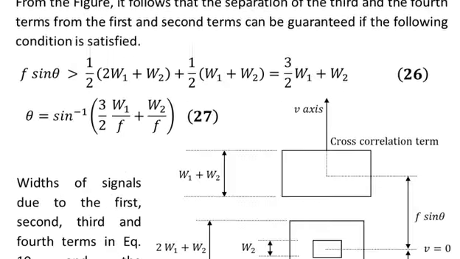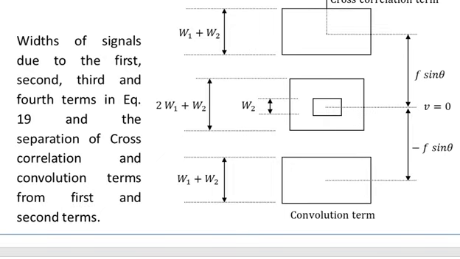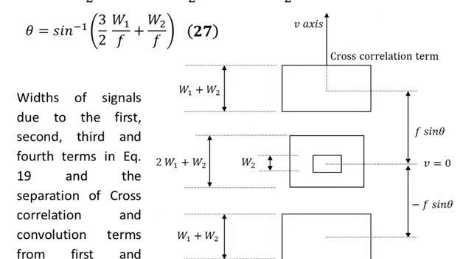Let me show this through the diagram. This is the V axis, vertical, and the horizontal axis is the U axis. V is equal to 0 here.